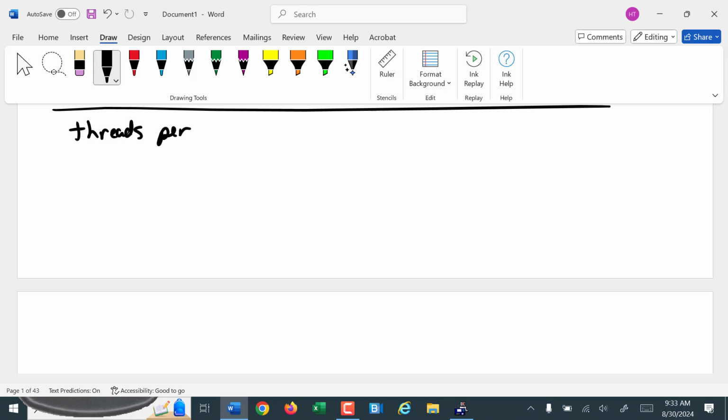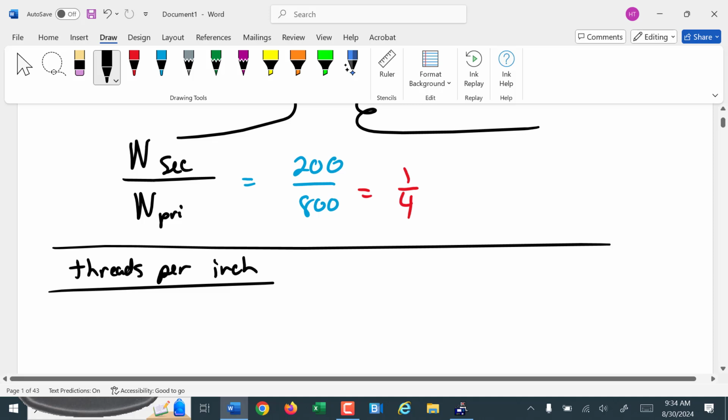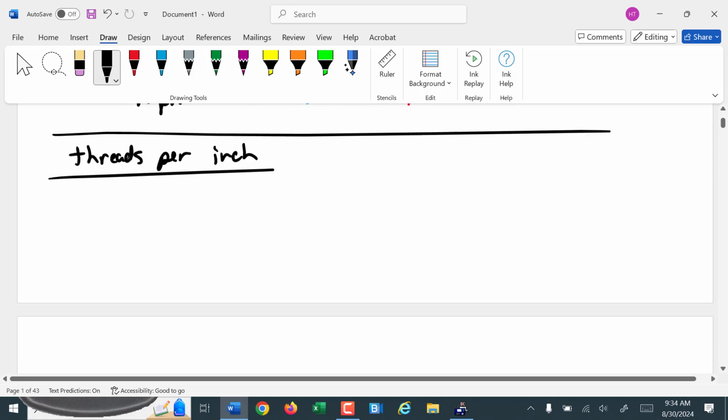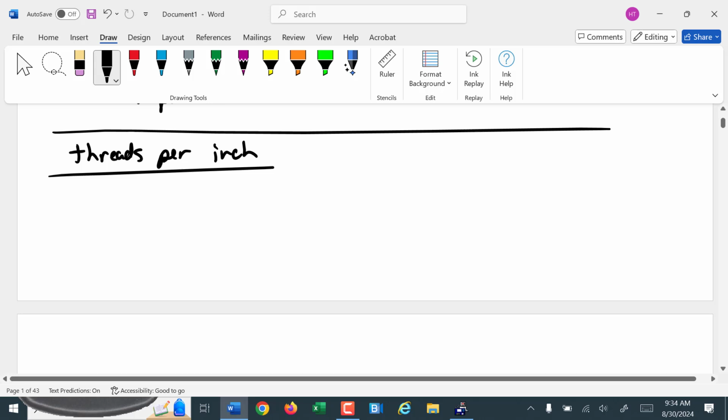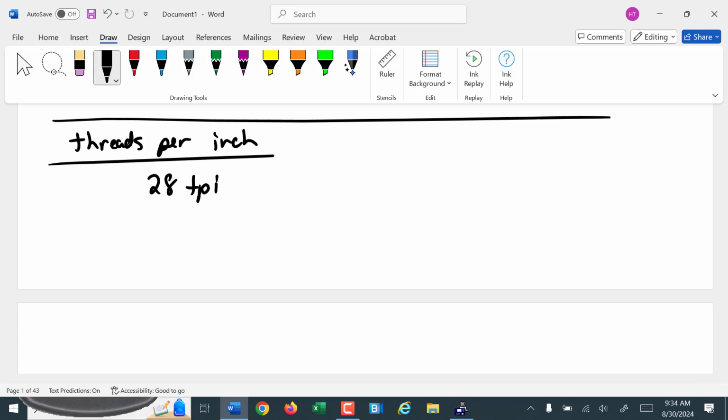We're going to look more at the transformers as we go through. Other ratios that are important don't look necessarily like ratios. Threads per inch. Technically, threads per inch is not a ratio, it's a rate because it's comparing two things with different units. A ratio up here is comparing coils to coils that have the same label. Threads per inch is comparing the number of threads to the number of inches.